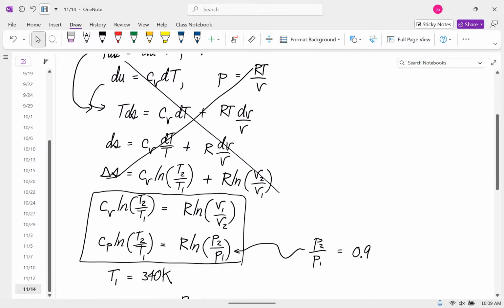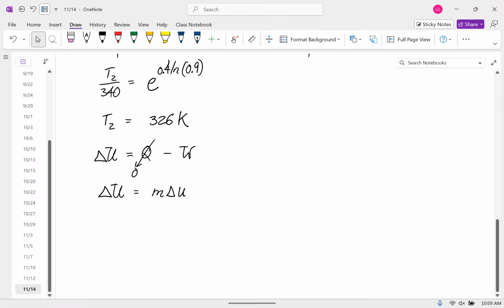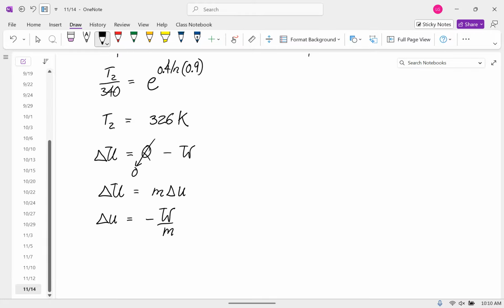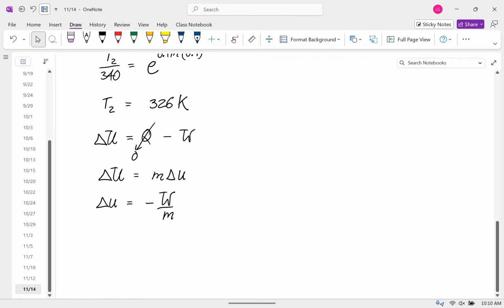Oh no, we're calculating the work per kilogram. Or we can write it as the change in specific internal energy is equal to negative W divided by mass. So we have to calculate that change in internal energy.